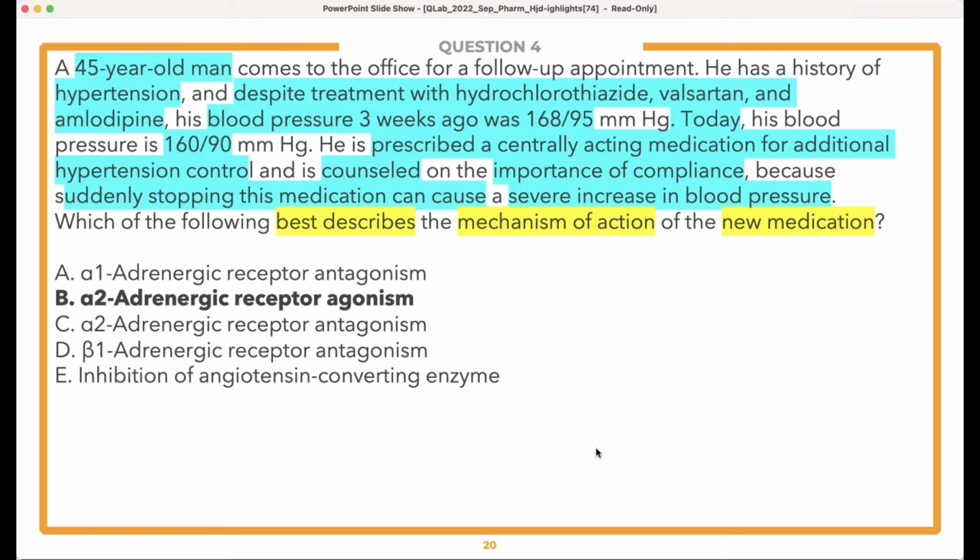Answer choice C is more of a red herring. There's not really a medication that does that. A, D, and E are blood pressure medication mechanisms, but do not have this phenomenon. Great job with this question as well.